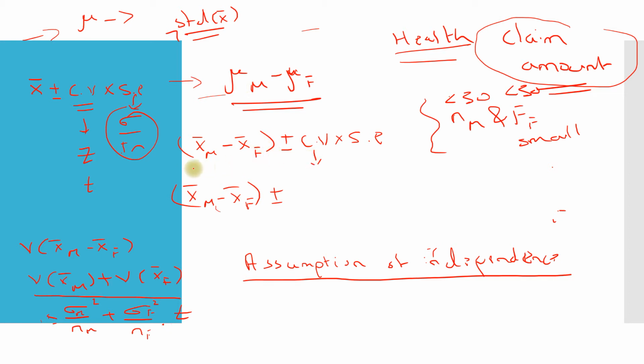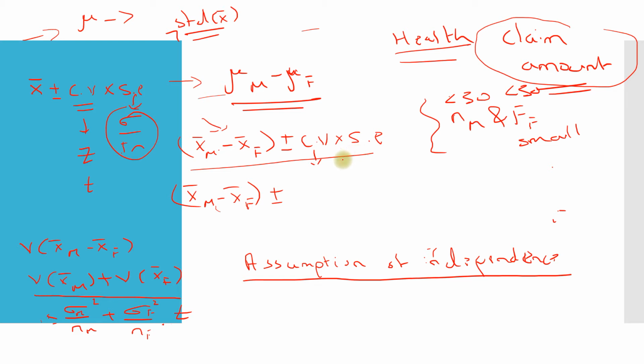The principle is the same: the point estimate plus or minus the critical value times the standard error. The point estimate is the same, which is why I wrote it already here directly. So this doesn't change for the case of small samples, that is, where both are less than 30, plus or minus the critical value times the standard error.